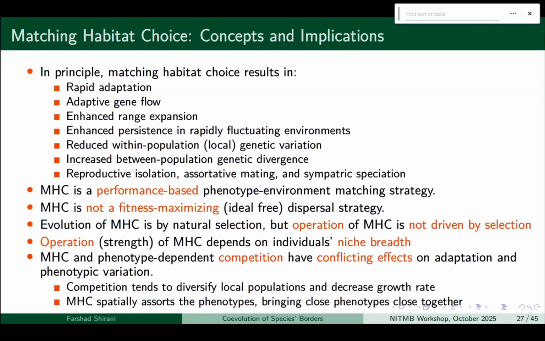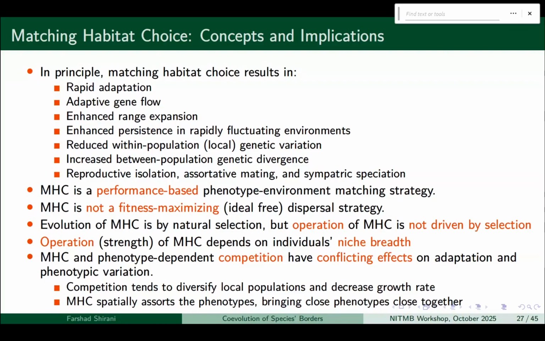So this matching habitat choice has many serious eco-evolutionary effects, and there are many concepts related to that. I just wanted to point out a few of them: evolution of matching habitat choice depends on selection, but operation of matching habitat choice is independent of selection.